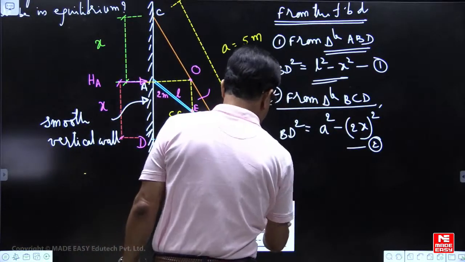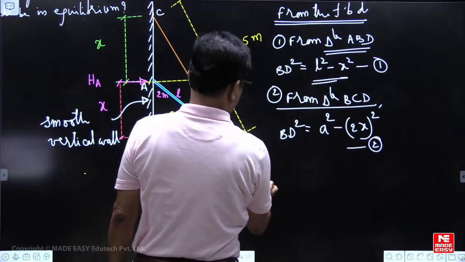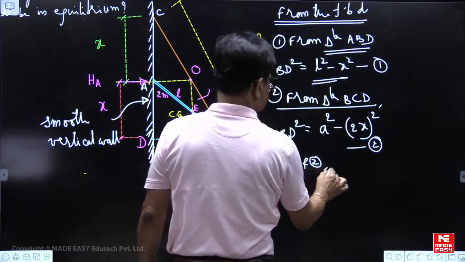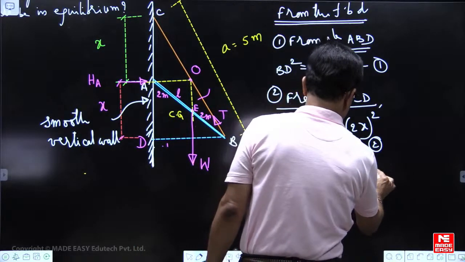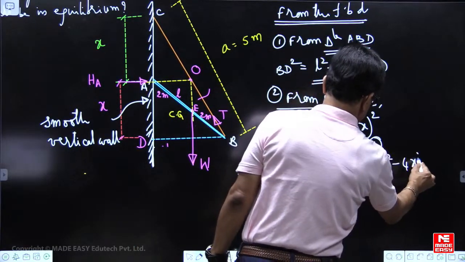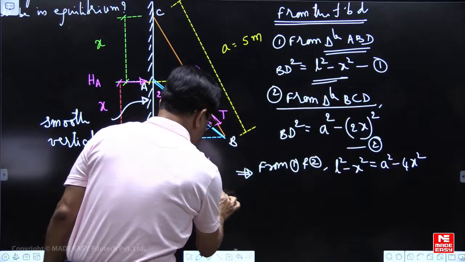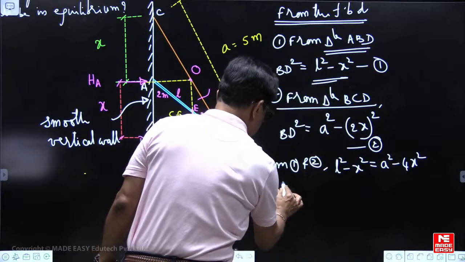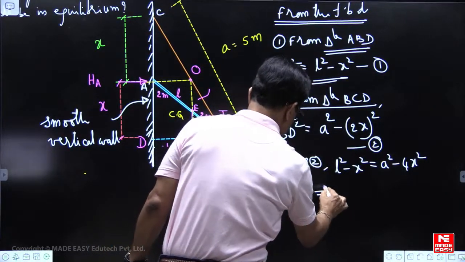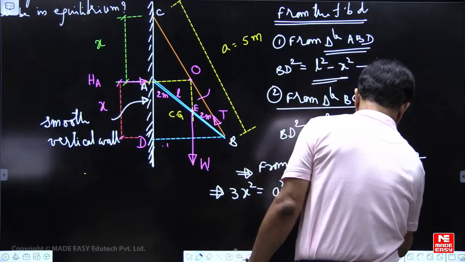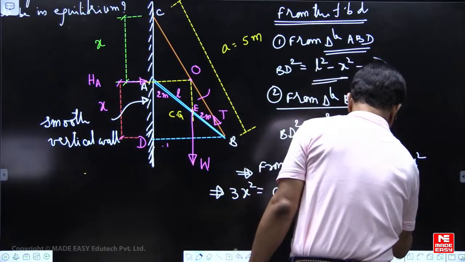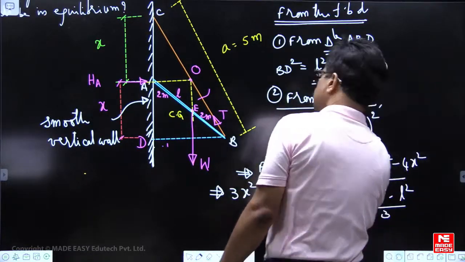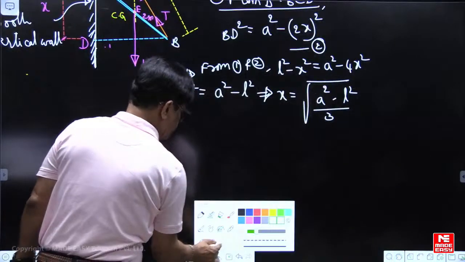So now you will get from 1 and 2, 3x square will come like this. Now in this case the value is given.